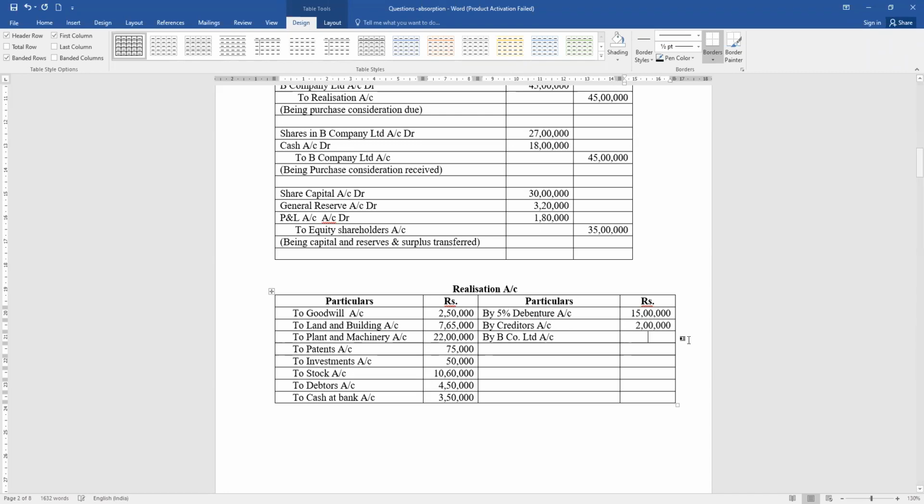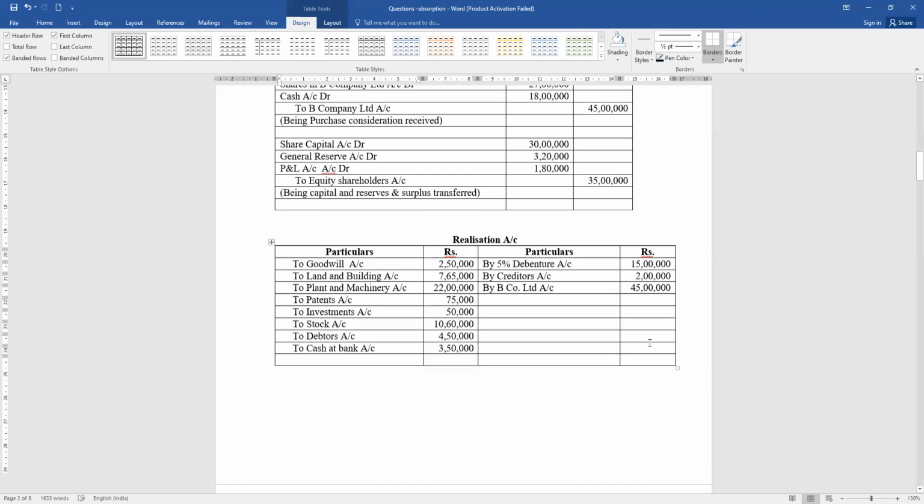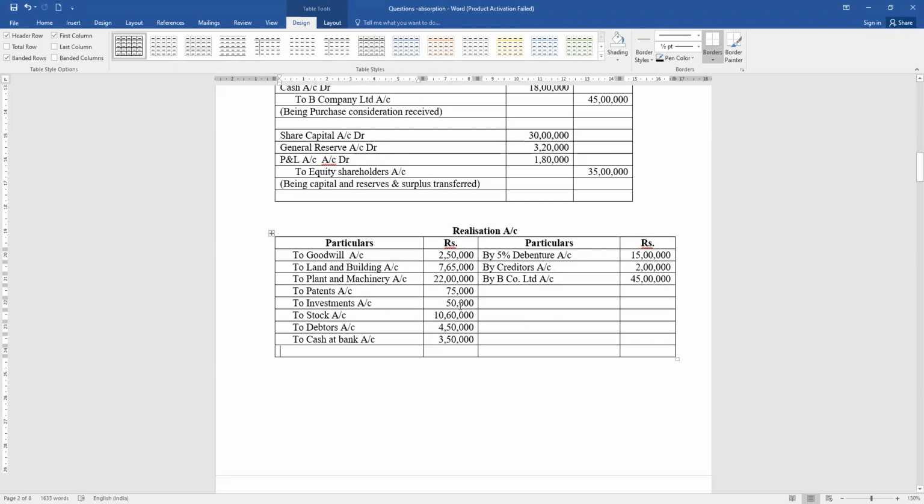Here PC is how much? 45 lakhs. Okay, I hope everything is done. Now you are going to tally it. Before tallying, you should know what is the total of the debit side and what is the total of the credit side.